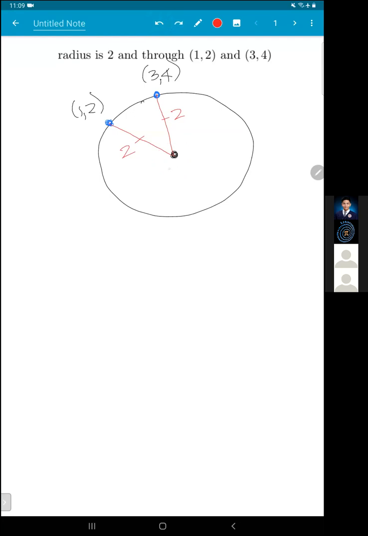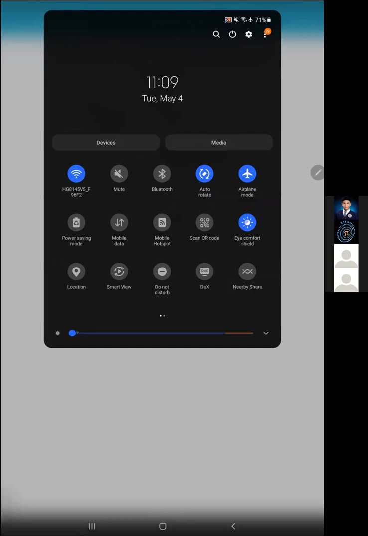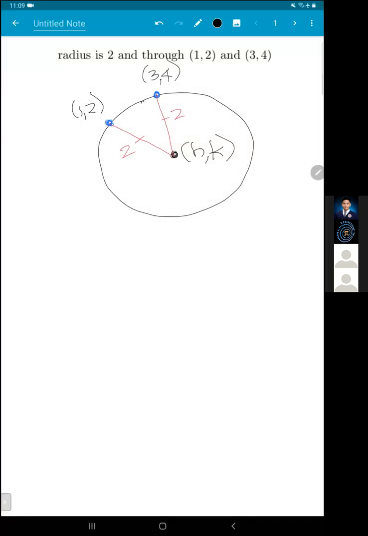We can use x, y, pero dahil center ito, gamitin natin h, k. There. And then your suggestion is to get the distance from the 2 points given, okay, and the center.